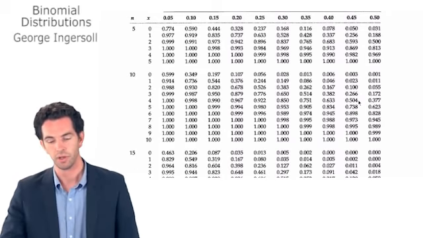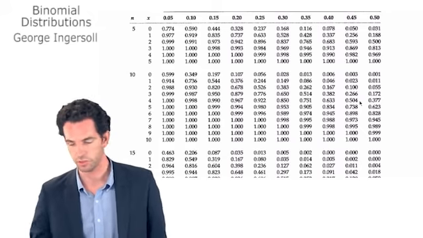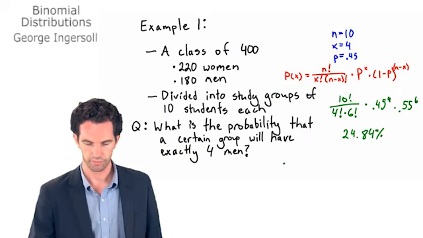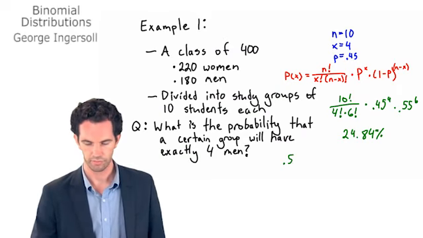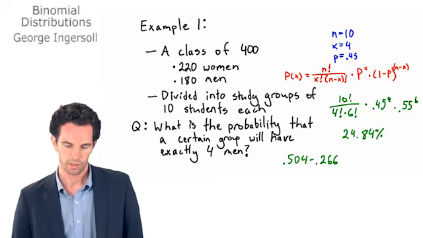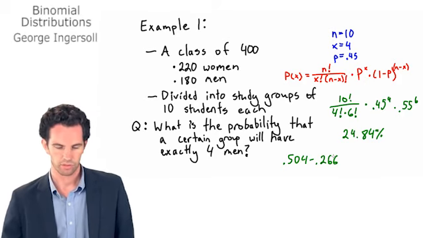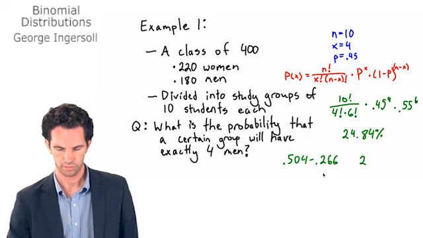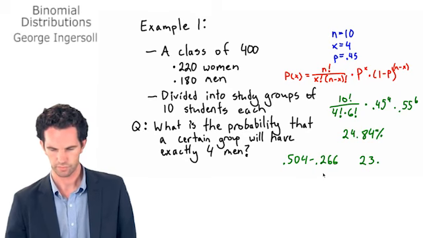So that's going to be equal to 0.504 minus 0.266. This is going to be 23.8%.